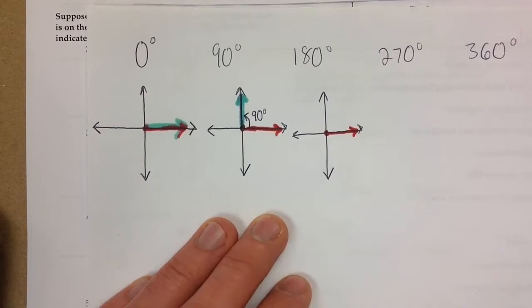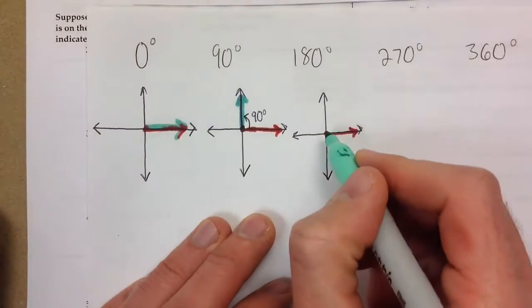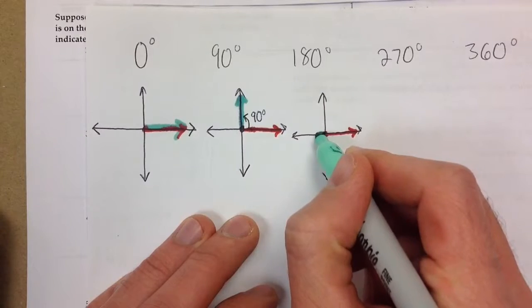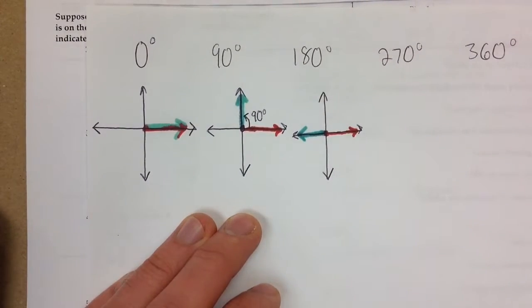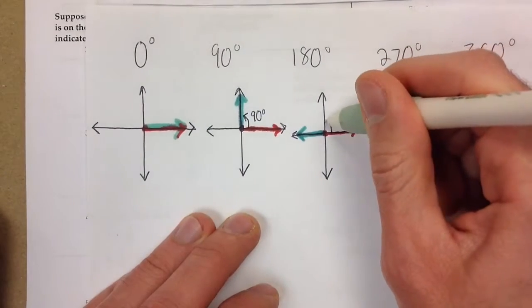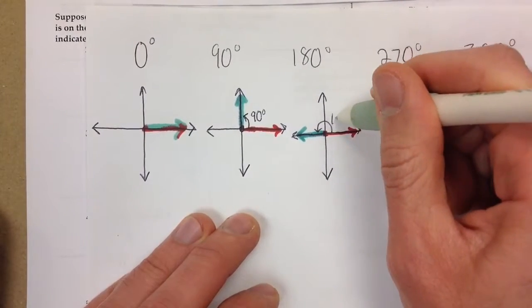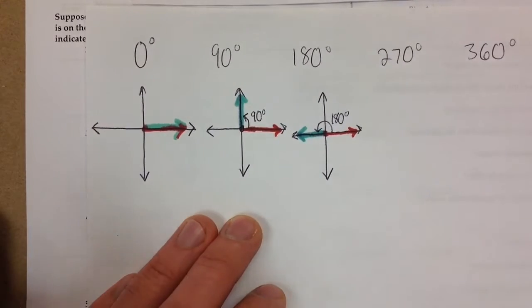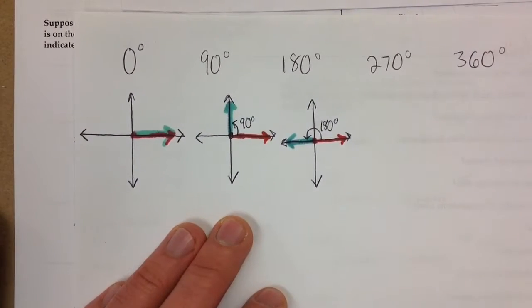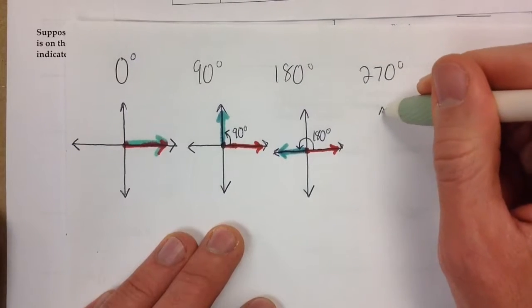And the green line is going to be a reflection across the y-axis. Very good. Technically, it's a ray. Let's draw the arc. Okay. Good.